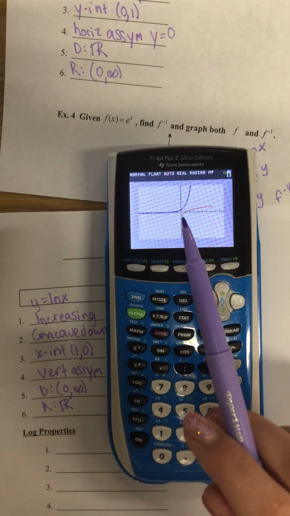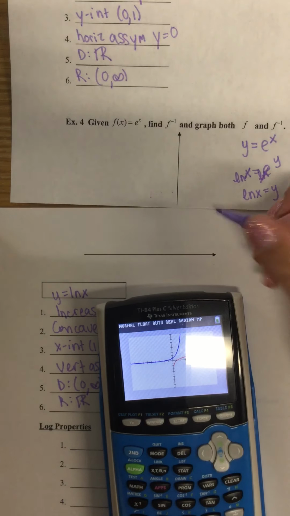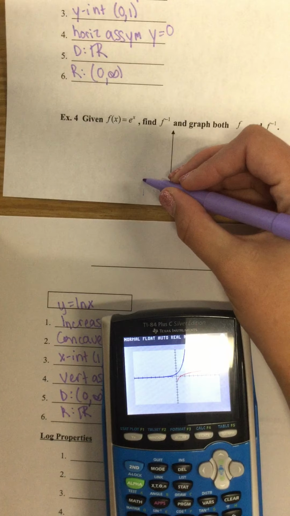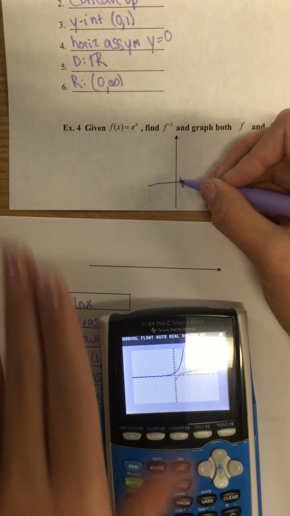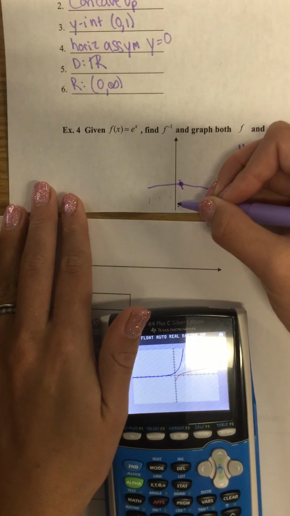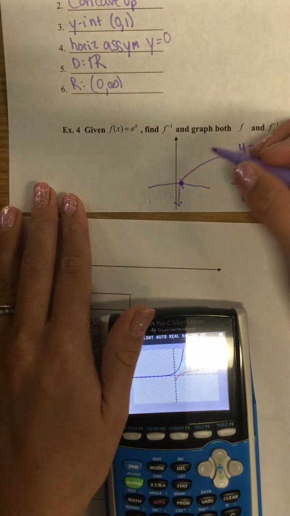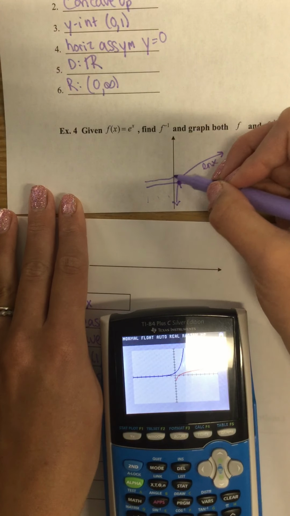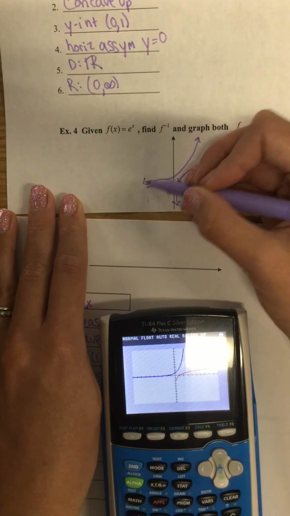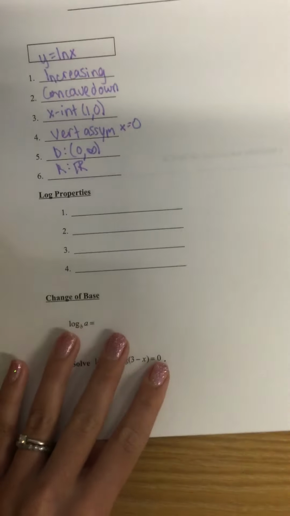But then ln of x here is that inverse function. As you can see for ln of x, it's got that x-intercept there, but it's going more like this. So that one would be our ln of x, and our e to the x comes up like this. So those are inverses of each other.